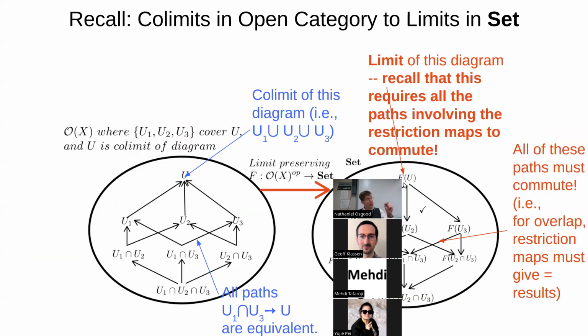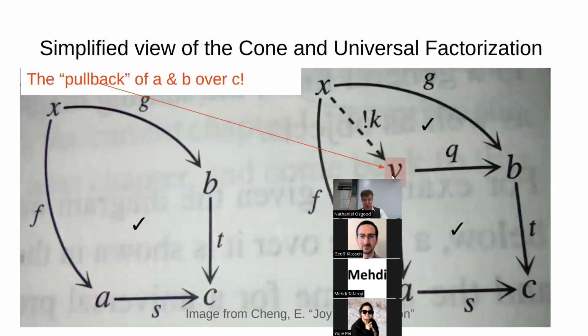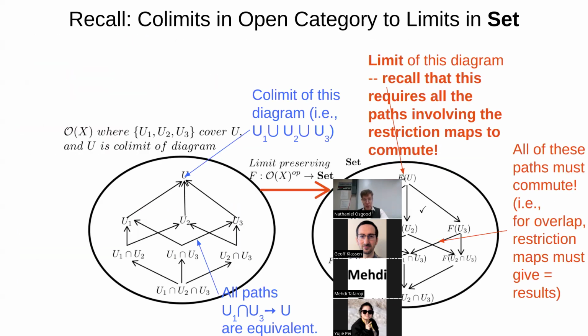And that has very much the flavor of a pullback. So this is like a subset of the products of these, just like this is a subset of the products of pants and shirts.